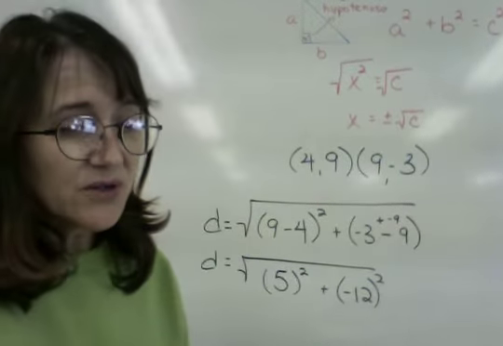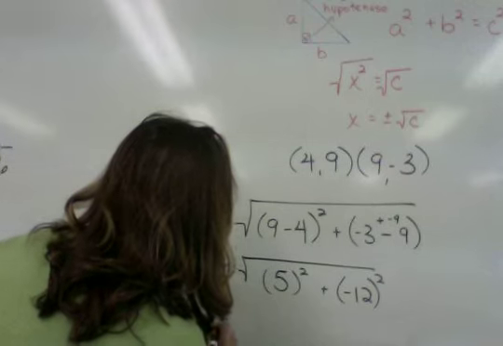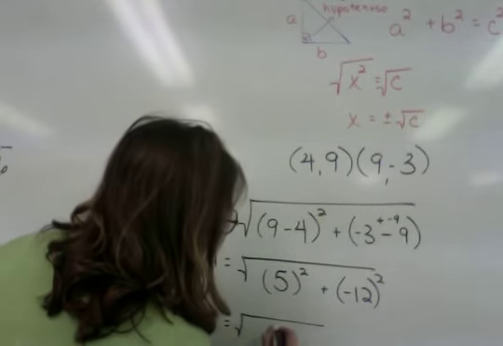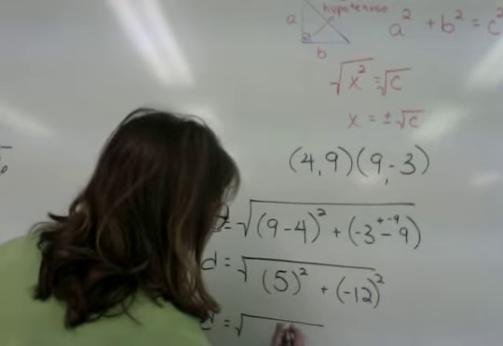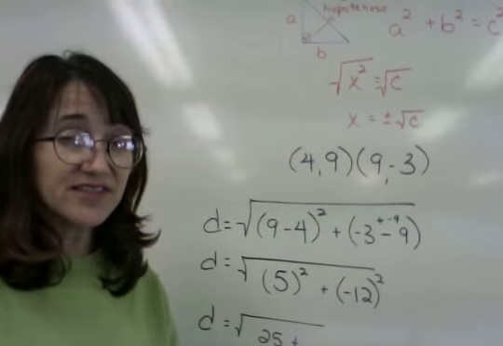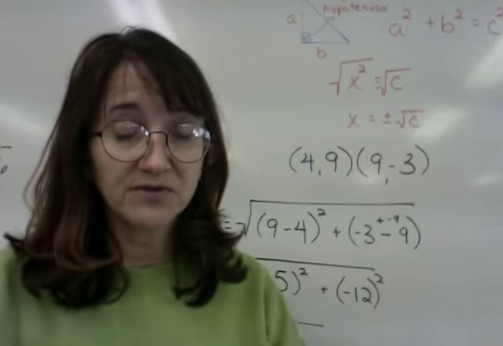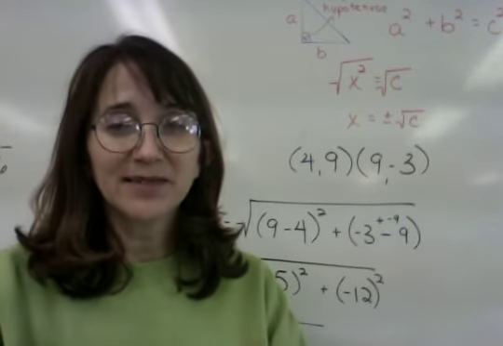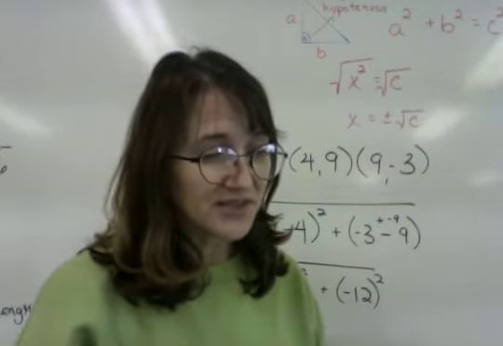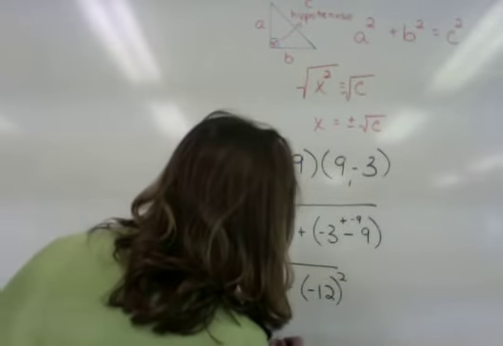All right, so we are going to square those. 5 squared is going to be 25. 12 squared, and this would become positive because negative 12 times a negative 12 would be a positive 144, and we're still talking about length too.